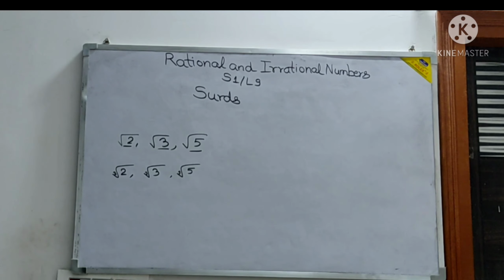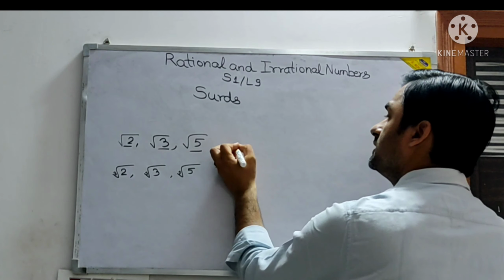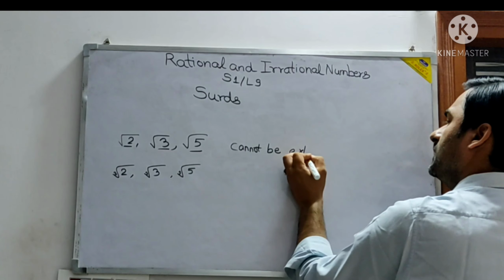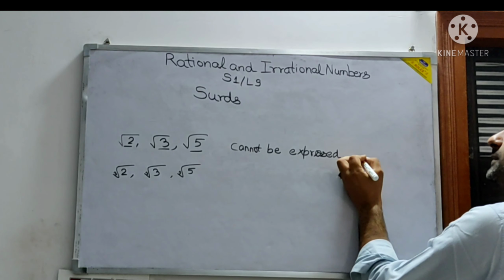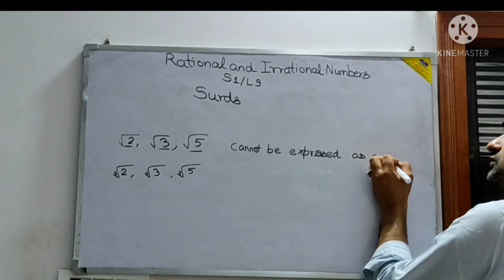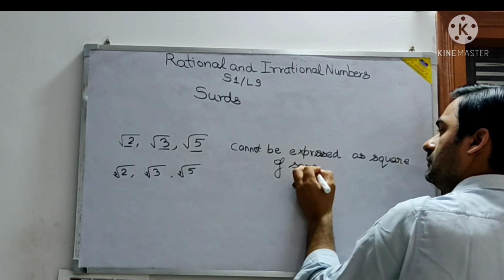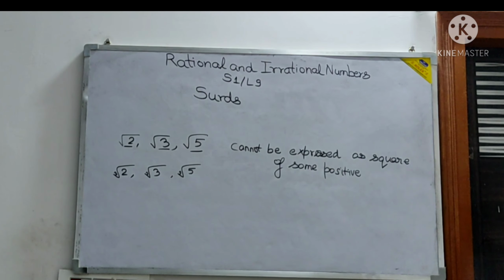Okay, so these are basically square roots of some numbers, but this is the punch line: they cannot be expressed as the square of some positive rational numbers.